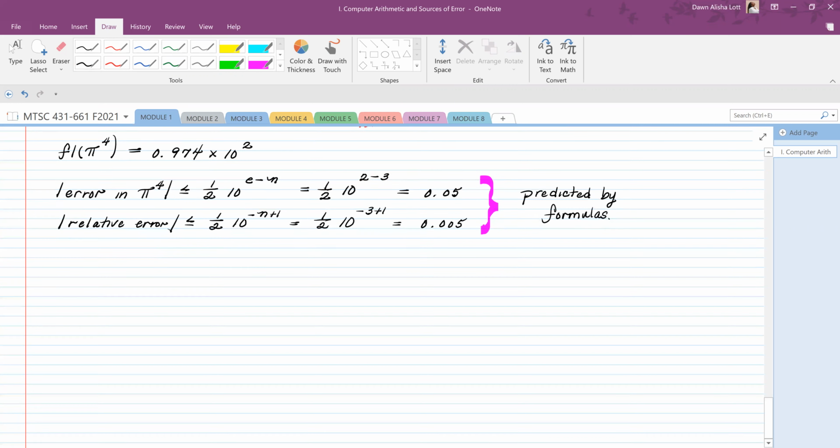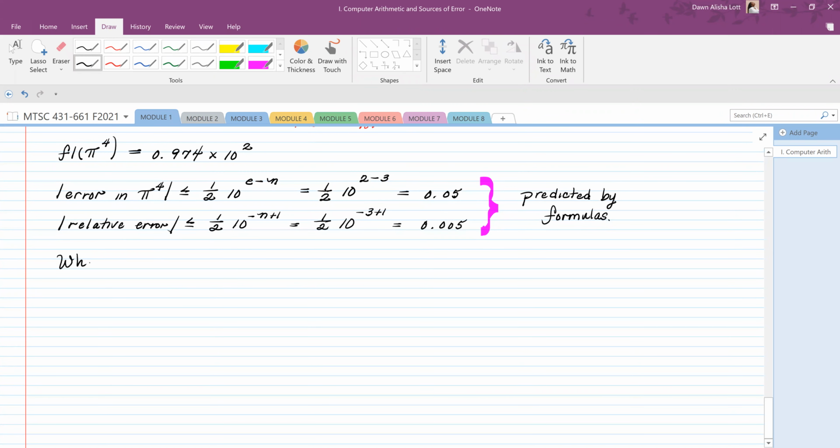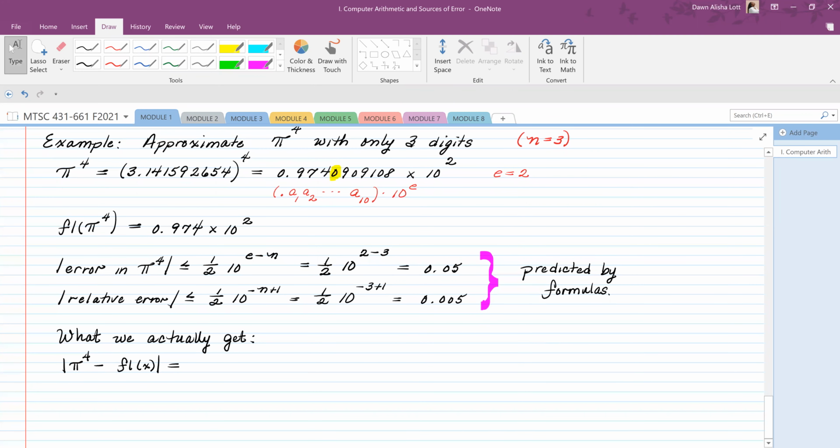So let's see what we actually get. If we take the absolute value of pi over 4 and subtract off the floating point answer, we actually get the absolute value of 0.9740909, and then I'm going to subtract off the point, what was it, 974.